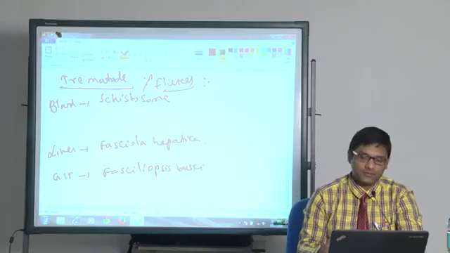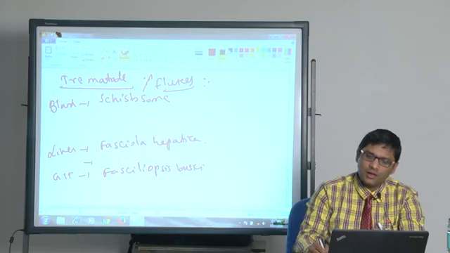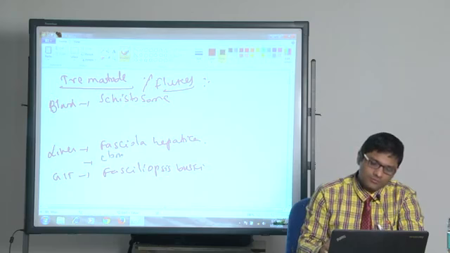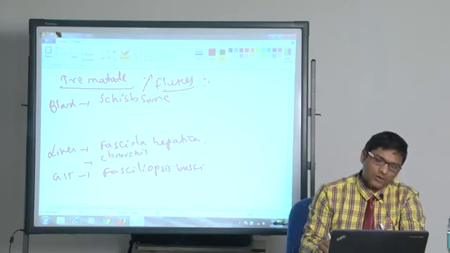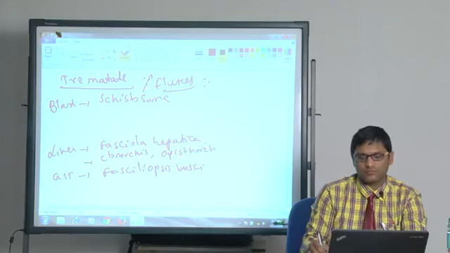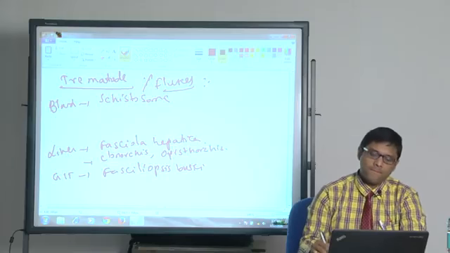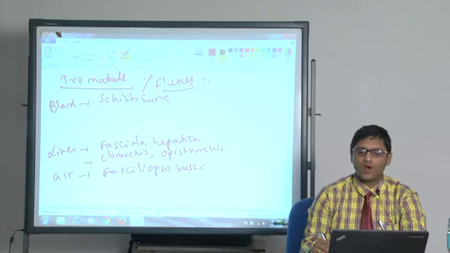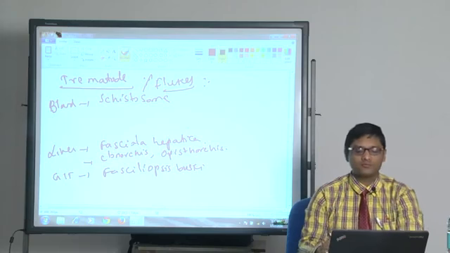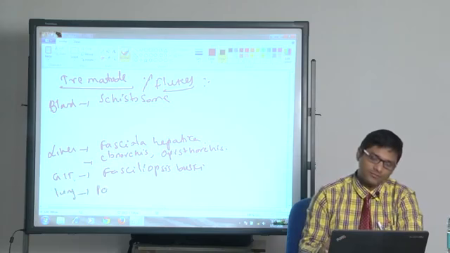Other examples are also there, Opisthorchis and Clonorchis, they are also liver flukes. Fasciola is also a liver fluke. Fasciolopsis buski is an intestinal fluke, and the lung fluke is Paragonimus.